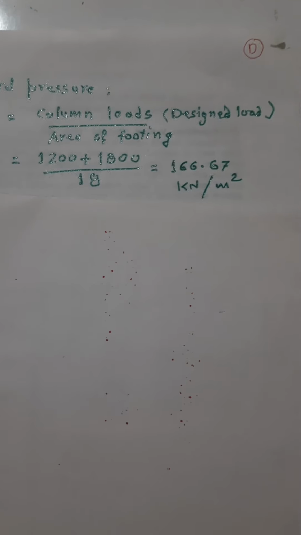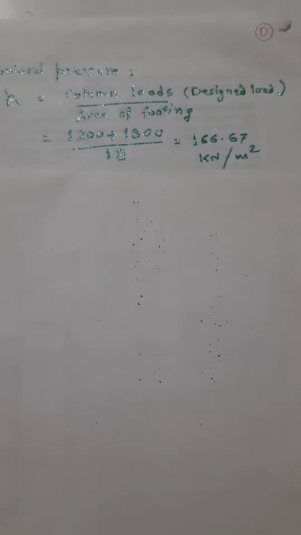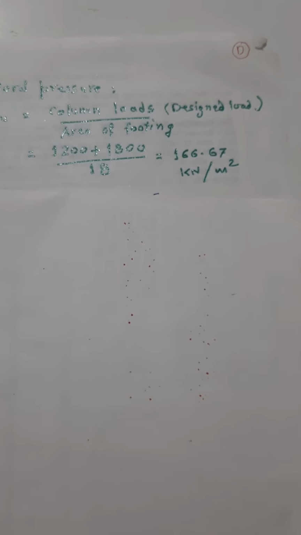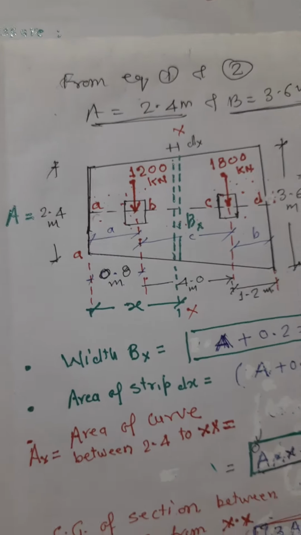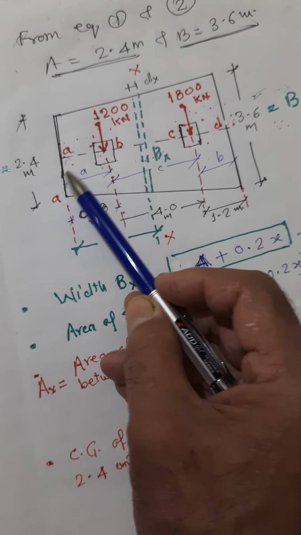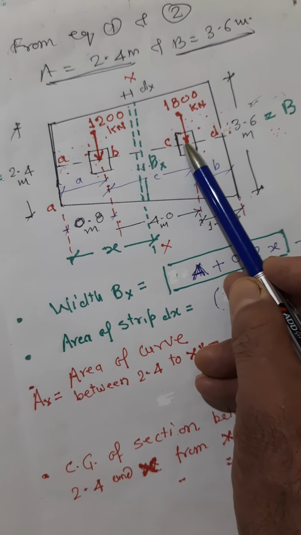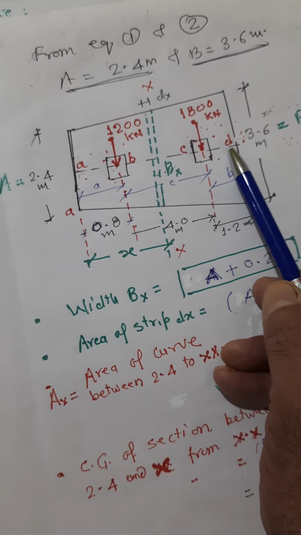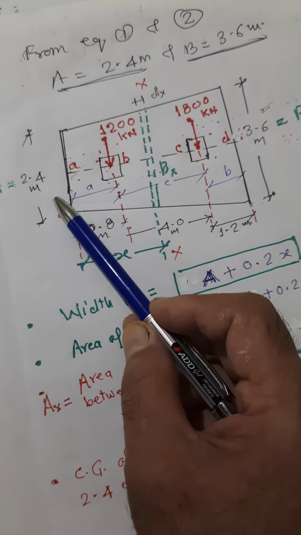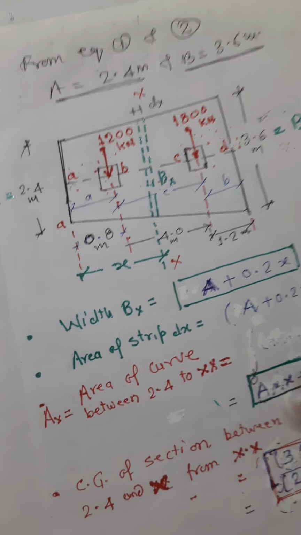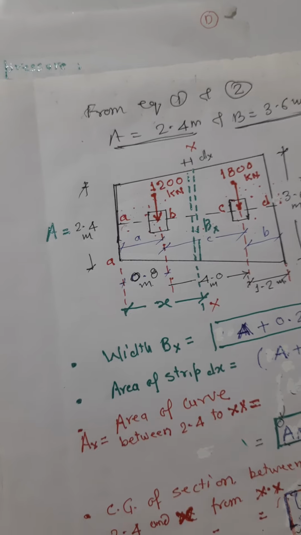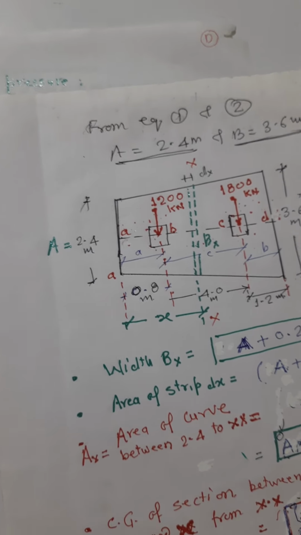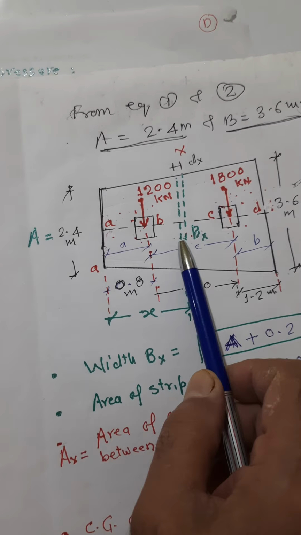Now, after finding out the upward pressure, we start calculating the shear force at every section, that is, at this section, at this section, at this section, and at this section. We'll find out the shear force in 2, 3, and 4. Not only that, we'll have to find out that particular point where the shear force changes sign from positive to negative at any distance x from here.